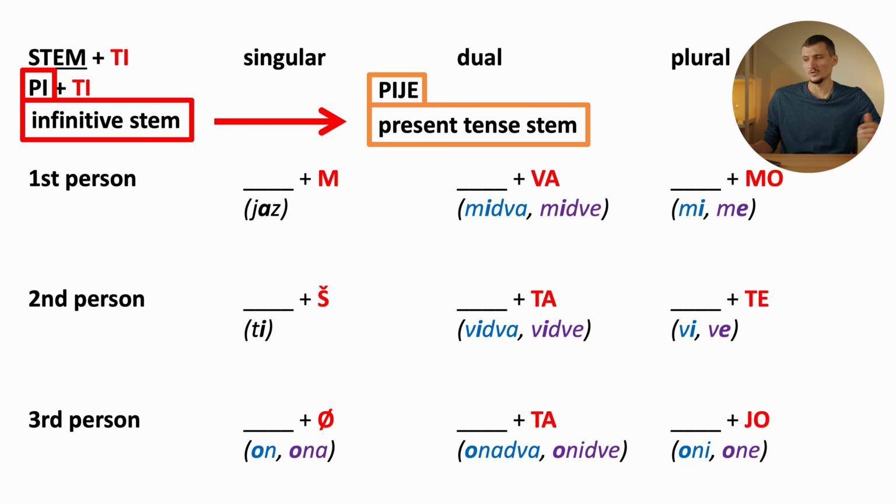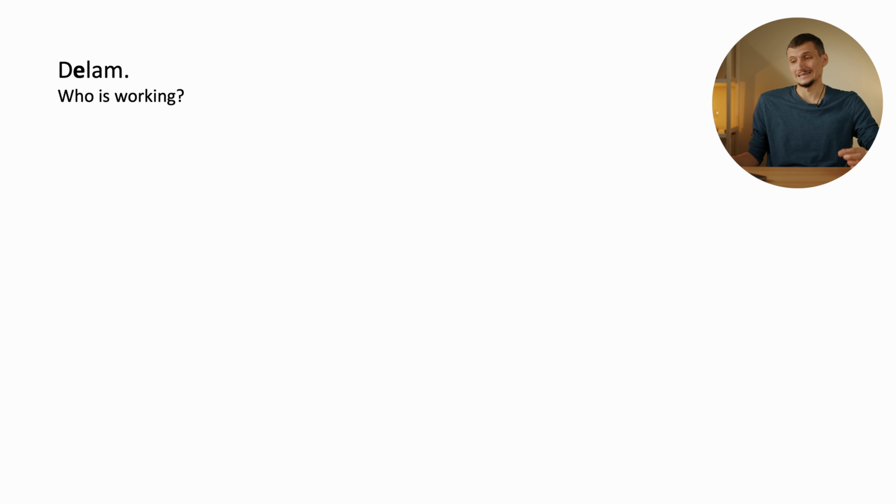So before we have a look at these examples, everything you need for today's lesson is just what's on screen right now. So take a piece of paper or whatever works best for you to just have in mind these endings: m, š, nothing, va, ta, ta, mo, te, jo. Because what we will be doing today is we will kind of reverse engineer.